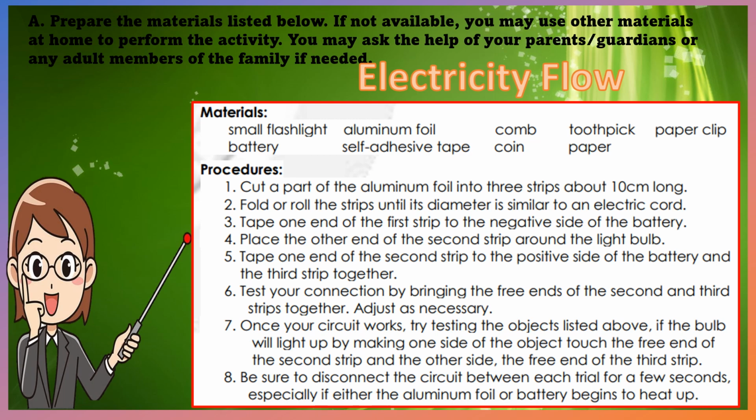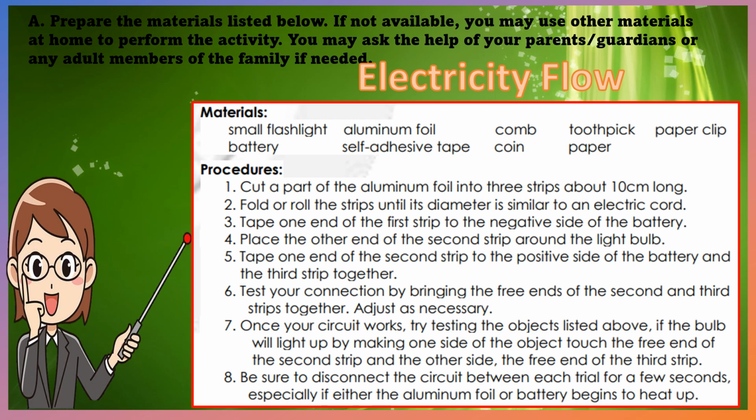And here are the procedures. First, cut a part of the aluminum foil into 3 strips about 30 cm long. 2. Fold or roll the strips until its diameter is similar to an electric cord. 3. Tape one end of the first strip to the negative side of the battery. 4. Place the other end of the strip around the light bulb.